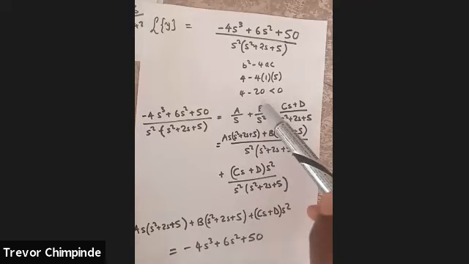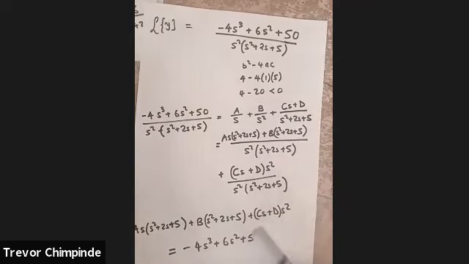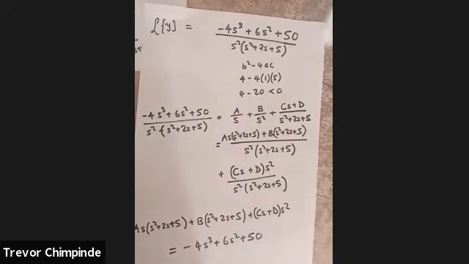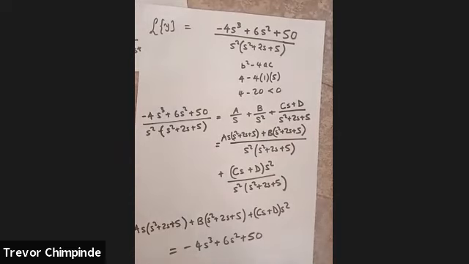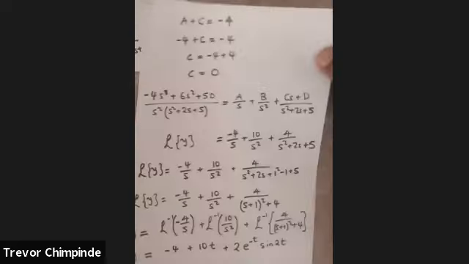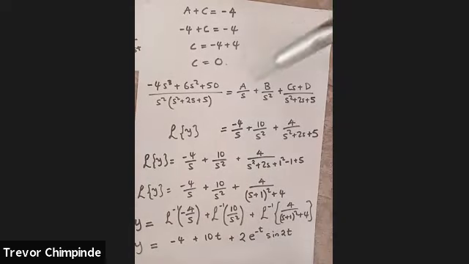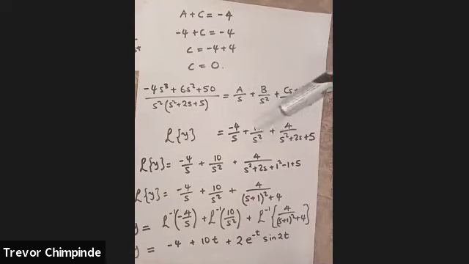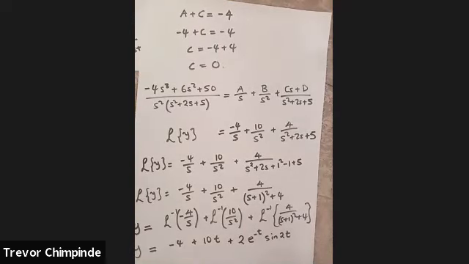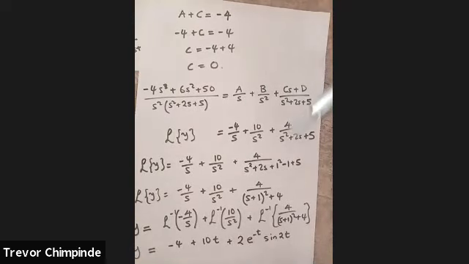So the decomposition is going to be like this, and we need to find our constants A, B, C, and D. We found that our A was -4, our B was 10, our C was 0, and our D was 4, so it looks like this.